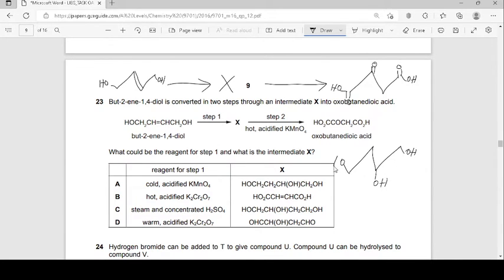I don't exactly get, like, hot acidified KMnO4. I don't really get what they're trying to do there.